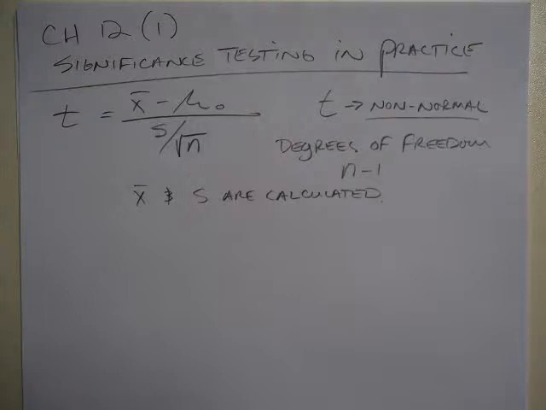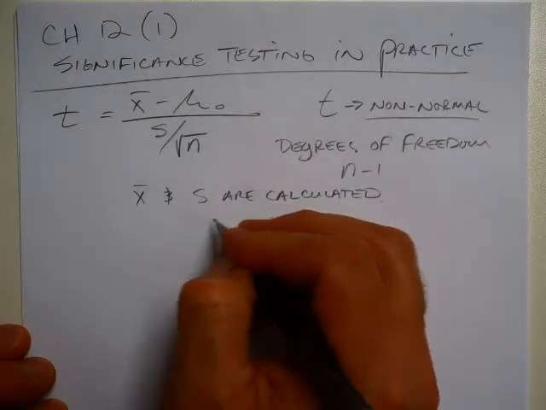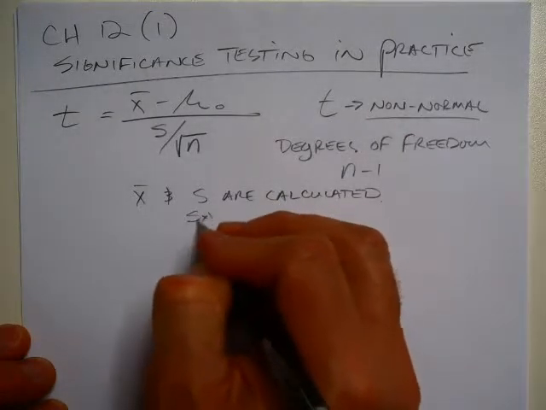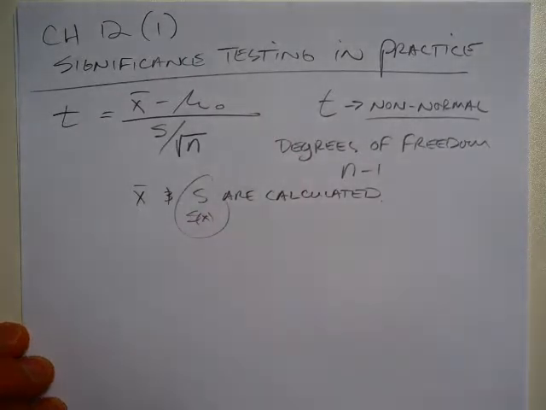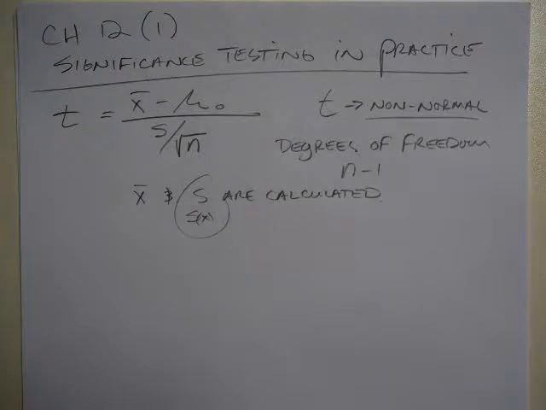Don't ever use that in the calculator. We only use S or S of x. Okay. So the calculation itself isn't really all that different than what we've done in the past.